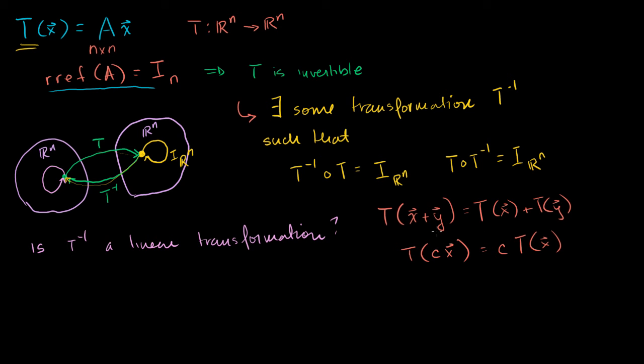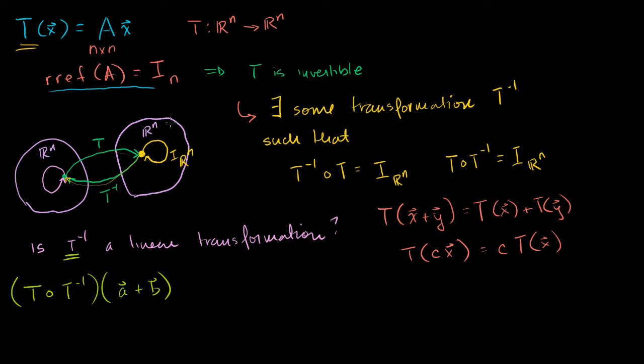So let's see if we can prove that both of these conditions hold for T inverse. To do this, let's do this little exercise right here. Let's take the composition of T with T inverse of two vectors, a plus b. Remember, T inverse is a mapping from your codomain to your domain, although they're both going to be Rn in this case.